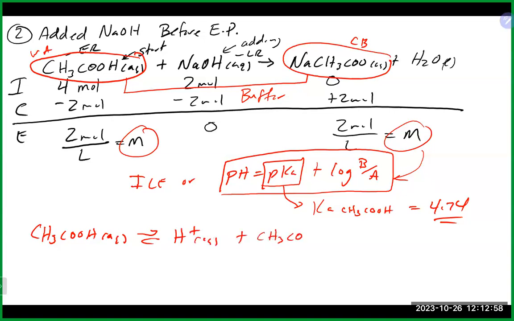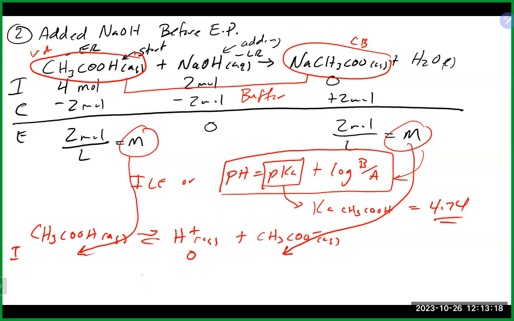And again, as we talked about a number of times up to this point, you want to make sure that you carry down both this molarity and also this one here to start with. Otherwise, you won't be doing a buffer problem if you chose to do a second ice table at this point. You would just be doing the weak acid problem and you won't get the right answer.